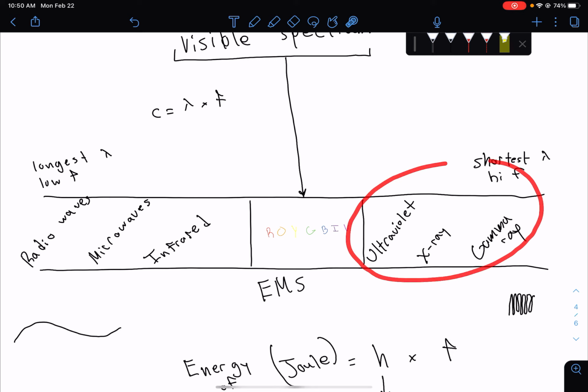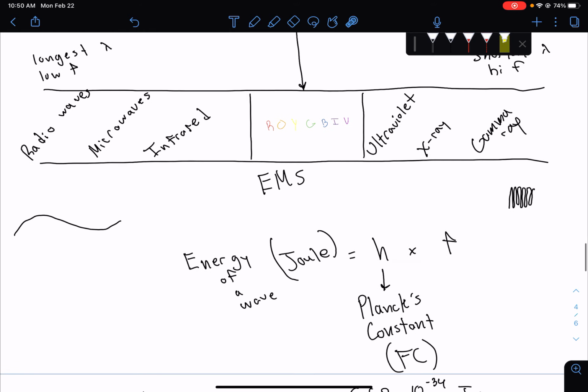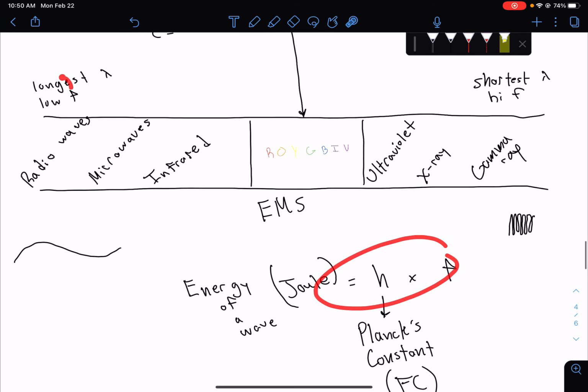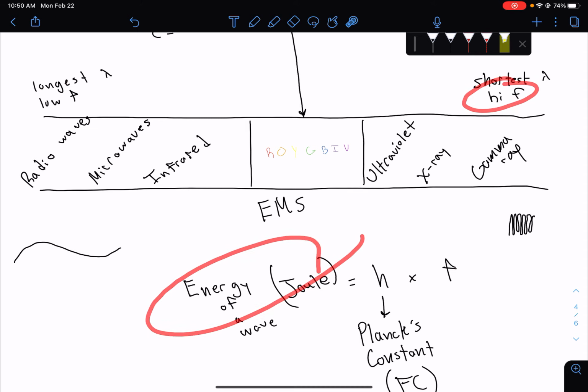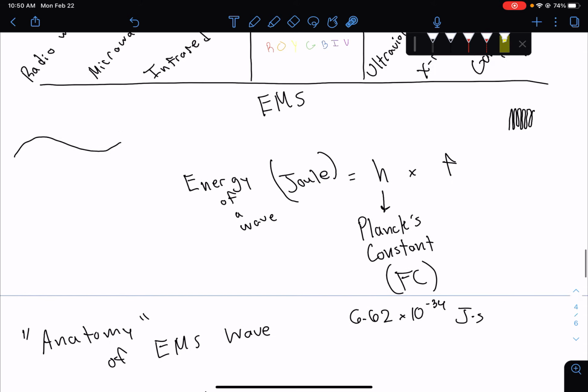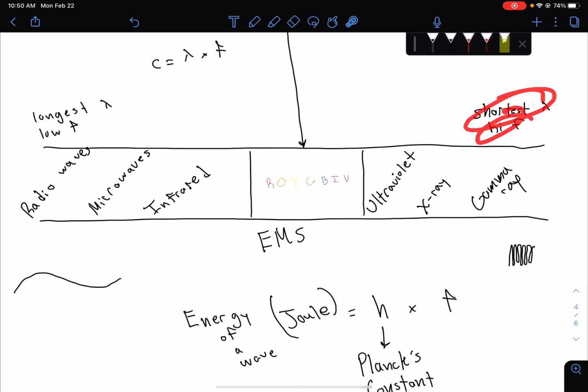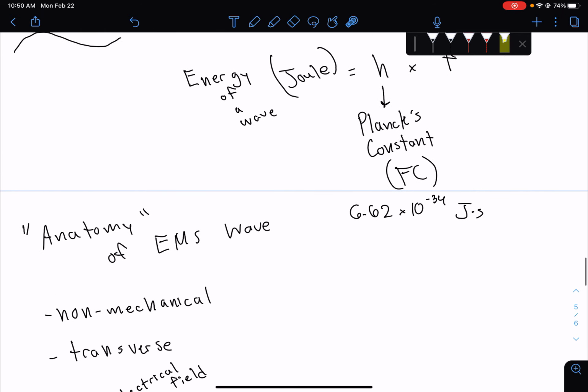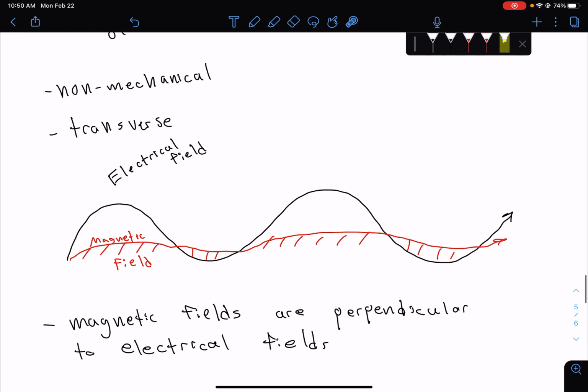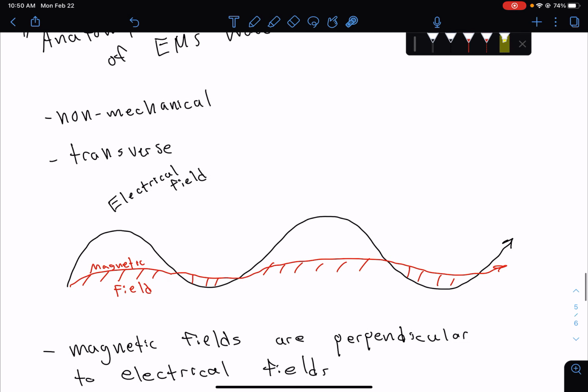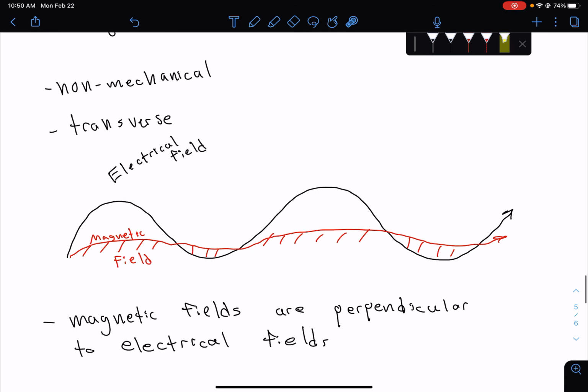It may take the form of different types of electromagnetic radiation, some with lower frequency and lower energy, or some with higher frequency and higher energy. And don't forget the relationship of wavelength to those frequencies. And then in terms of a single transverse wave of electromagnetic radiation itself, there's two primary components, an electrical component and a magnetic component.